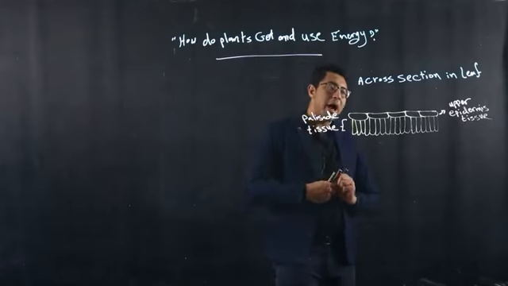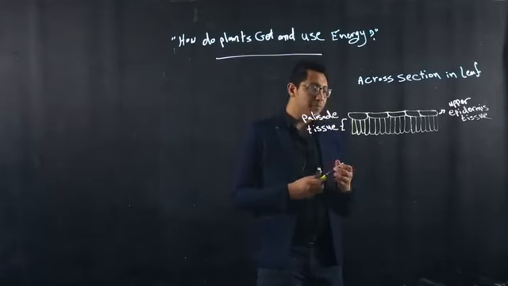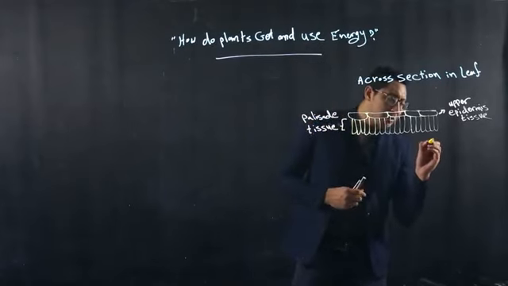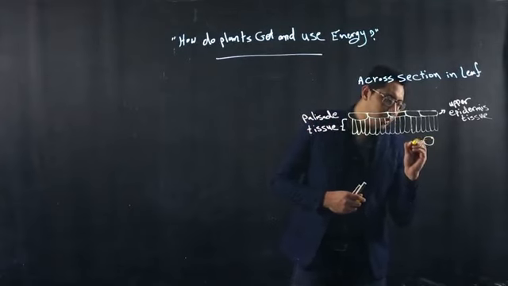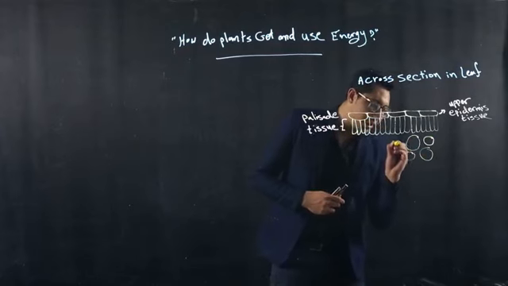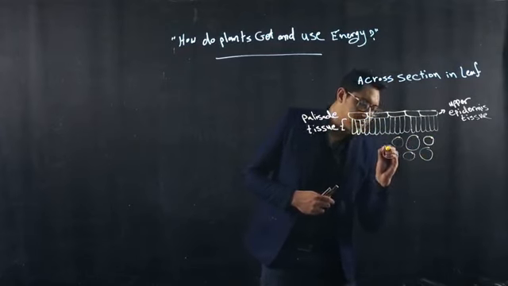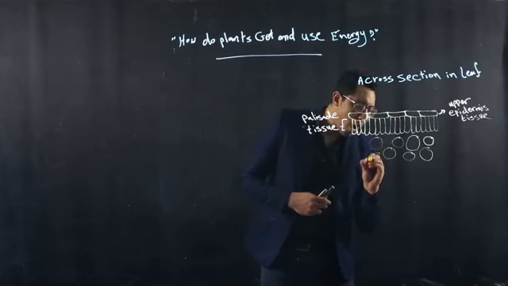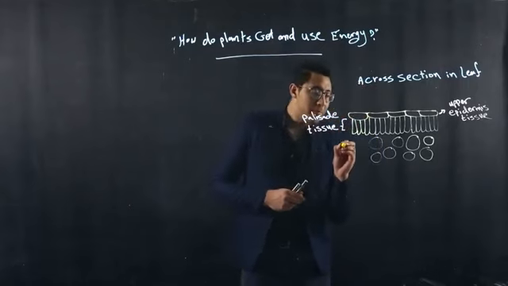Okay, let's talk about the third tissue. It's called spongy tissue. You can see here the cells of the spongy tissue. There are spaces between the cells. Why are there spaces between the cells?